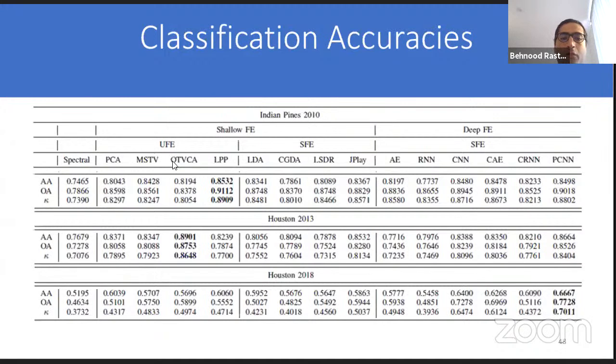And then OTVCA that we discussed, orthogonal total variation component analysis, and LPP that we also didn't discuss. It's kind of a manifold learning technique.